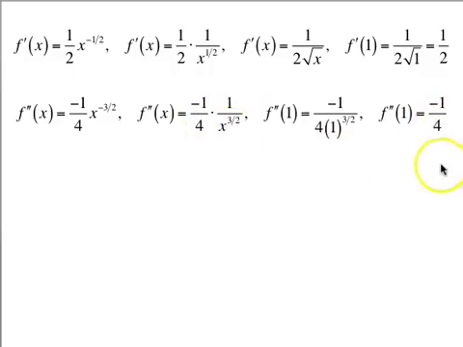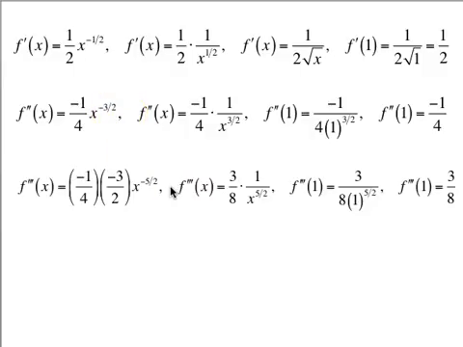We just get negative 1/4. 1 to any power, of course, is just going to be 1. To get the third derivative, negative 1/4 times negative 3/2, that would be 3/8, times x to the negative 3/2 minus 1, negative 5/2. Then we're going to plug in our value of 1 here, so 3/8 times 1 over 1 to the 5/2. 1 to the 5/2 is 1, and we just get 3/8 for f triple prime of 1.